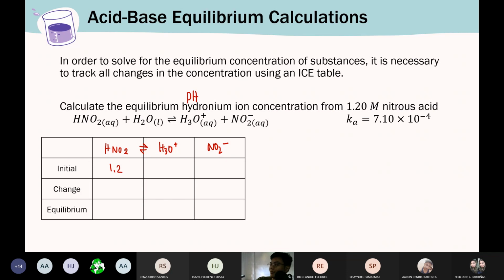Ano sabi ko last time? Pag walang sinabi na initial concentration, zero muna, okay? So, zero muna, kasi walang sinabi. Ang binigay lang sa atin yung HNO2. So, tig zero muna sila.